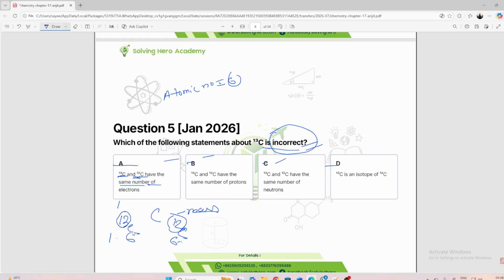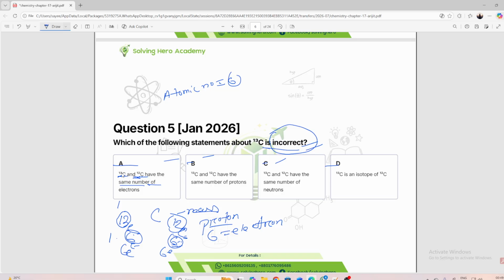And this carbon has 6 protons, this carbon has 6 protons. 6 protons mean 6 electrons, because we have already said that proton number equals electron number. Am I clear? So if this carbon has 6 protons and this carbon has 6 protons, that means it has 6 electrons.